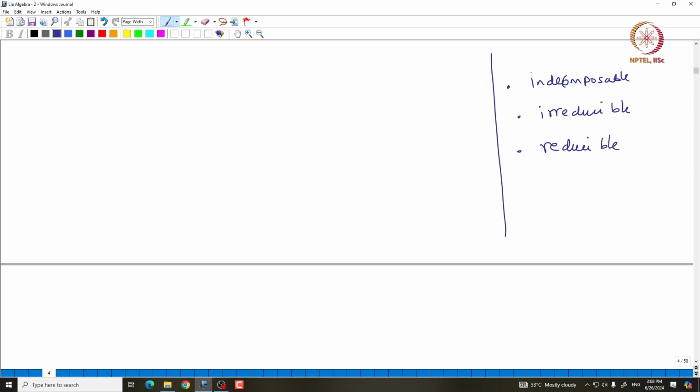So, we are going to see some interesting modules which are called completely reducible modules. Okay. So, here is the definition. Completely reducible, or sometimes they are called semi-simple representations.